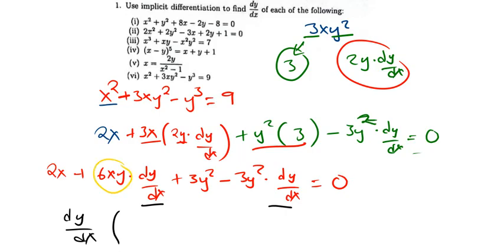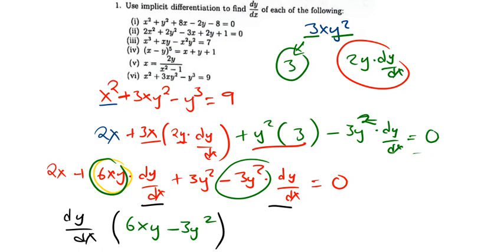So for that part I'll remain with 6xy, and this part I'll remain with negative 3y squared. And then what I have on the other side are the remaining parts, that's 2x, and then this part.